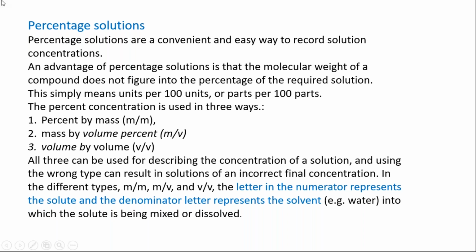So the percent can be in terms of mass by mass, mass by volume, or volume by volume. All 3 can be used to measure the concentration of a solution, and using the wrong type here will result in incorrect final concentrations.